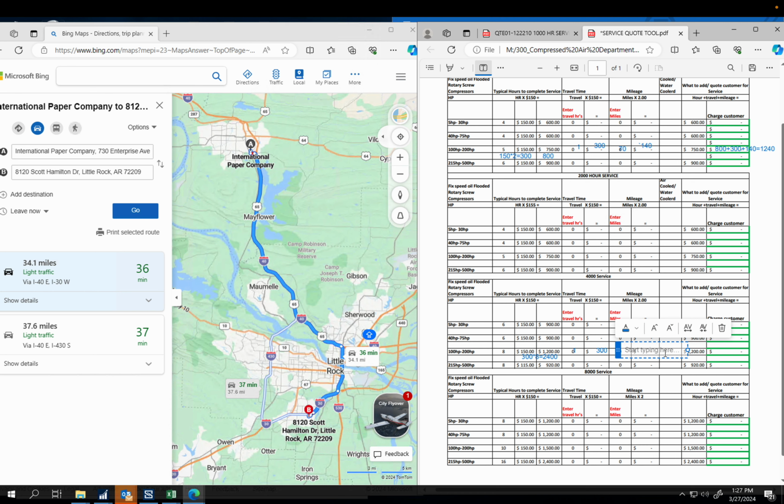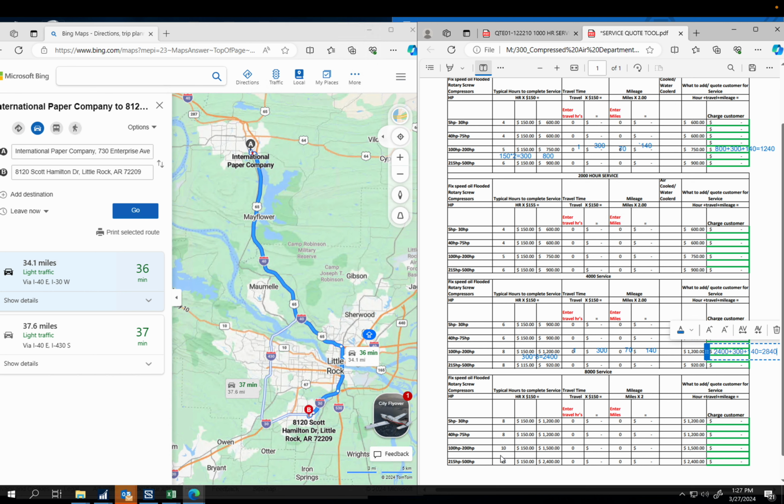And then we have 70 miles, which is 140. So we will have 2,400 plus 300 plus 140, which is $2,840. That will be the amount that we would charge for this service.